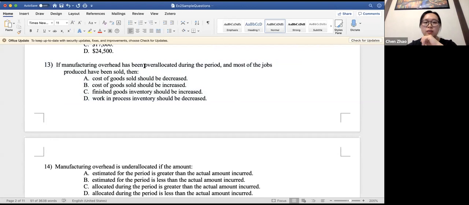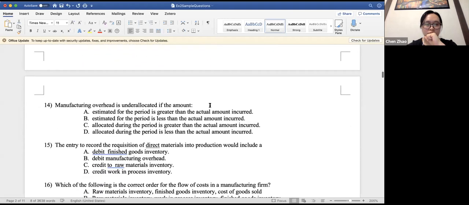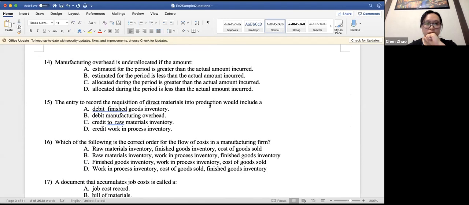So it says over allocating, right? So what do we do? And most of the jobs produced have been sold. We should decrease cost of goods sold, right? Okay. 14, similar.